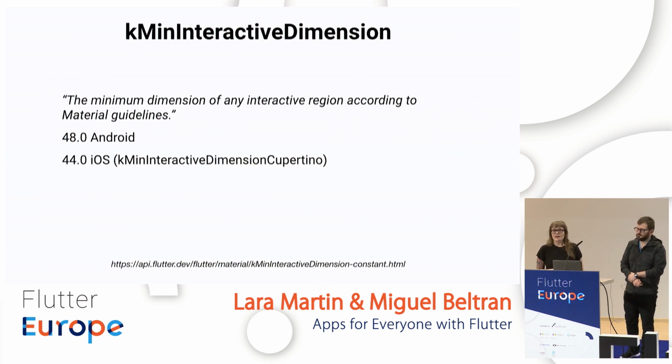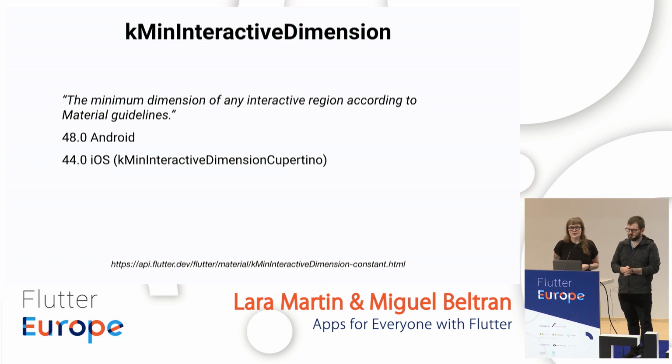In Flutter, we have a constant called kMinInteractiveDimension, which defines the minimum interactive dimension that any region should have according to the Material Design guidelines. This means 48 pixels on Android and 44 on iOS. The 44 is what is defined in the Cupertino module, but you will find that all the material widgets follow the 48 guideline, regardless of the platform.